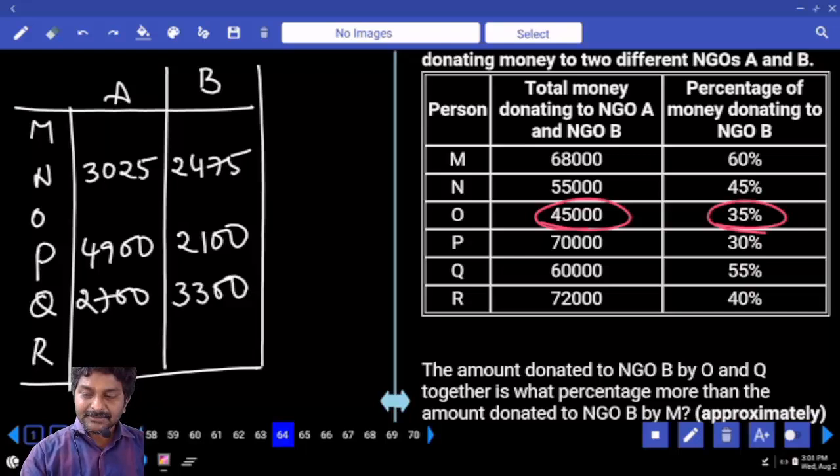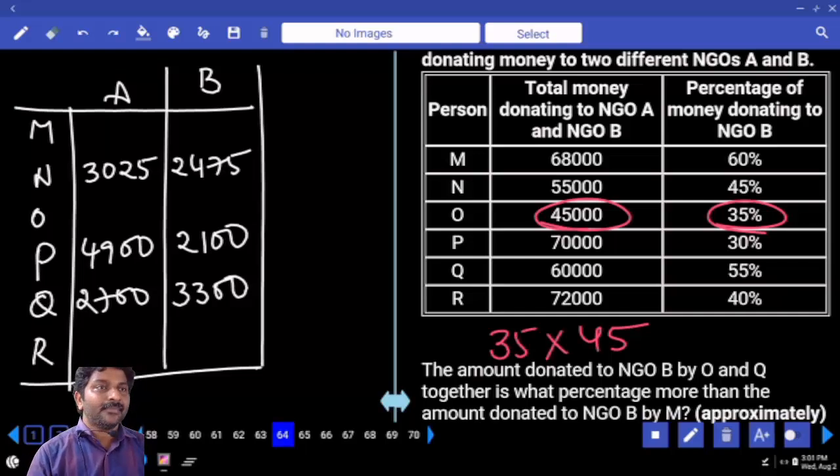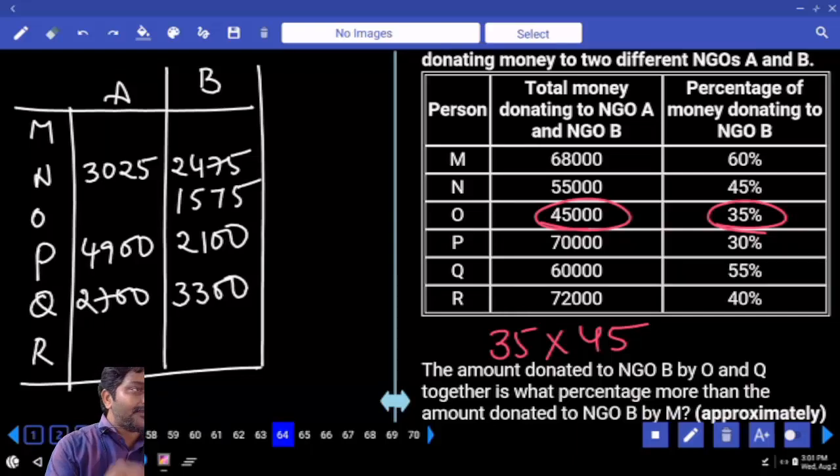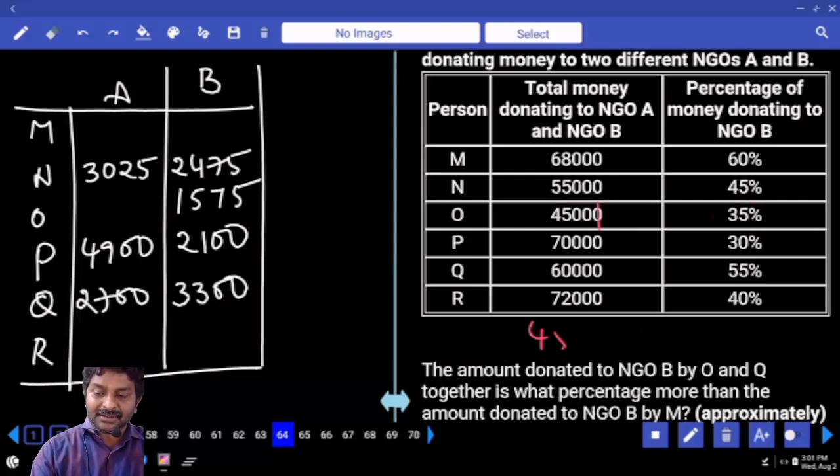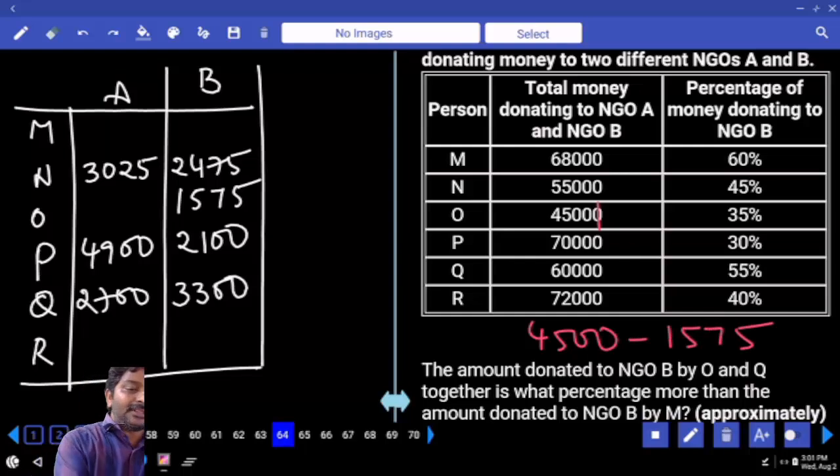What is 1%? 450, will write it as 45. 35% in the sense 35 only. 40 minus 5, 40 plus 5. 1600 minus 25. 15. 75. They are in B. Okay, now from 4500, if you subtract 1575, the value that you get is 2925.